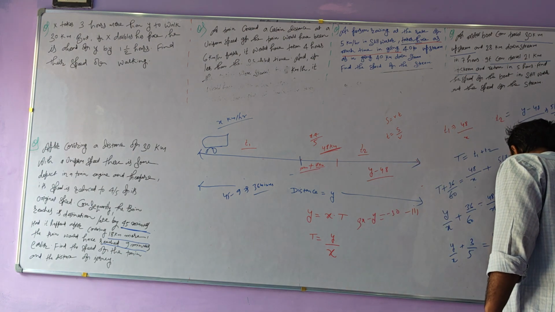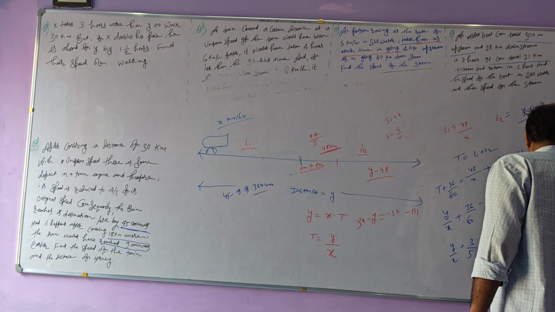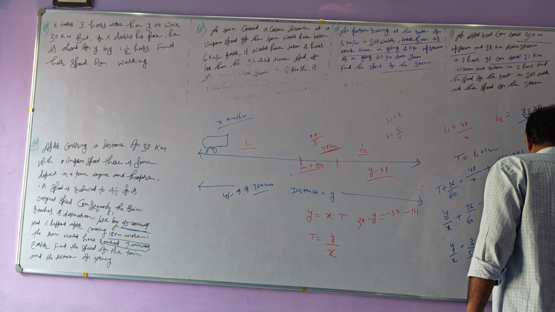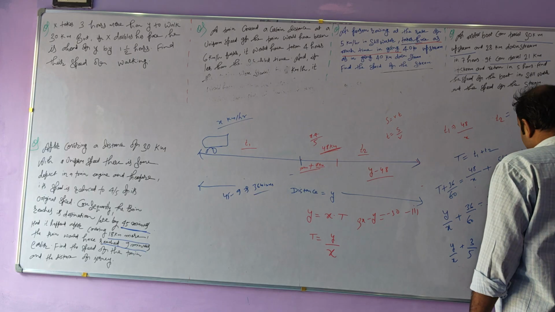And this becomes 48 upon x plus 5(y minus 48) upon 4x.